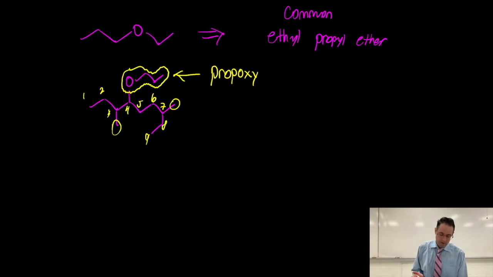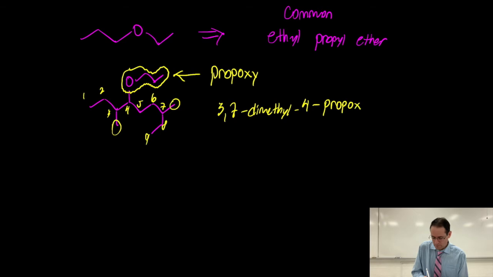Okay, we've got methyl comes before propyl in the alphabet, so this is going to be 3,7-dimethyl. And we've got the propoxy at carbon 4. And 9 carbons is nonane.